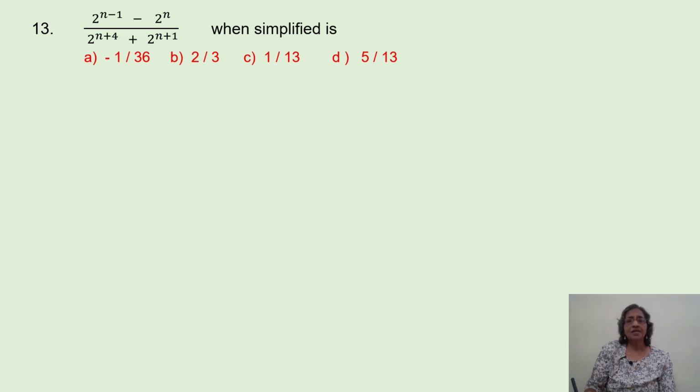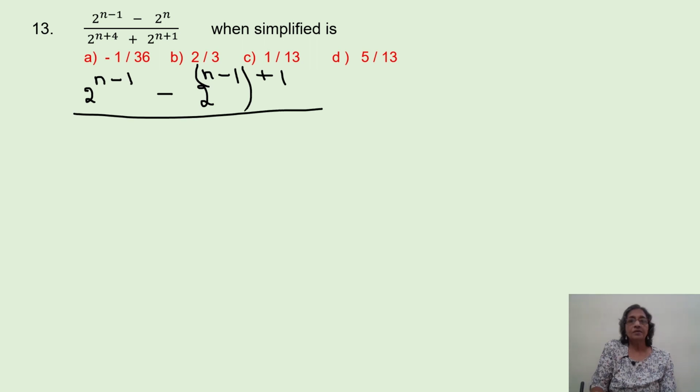Similar sum, let's see what we can do here now. 2 raised to n minus 1 minus, I'm going to make this also minus 1, so I get a plus 1. And denominator 2 raised to n plus 4.